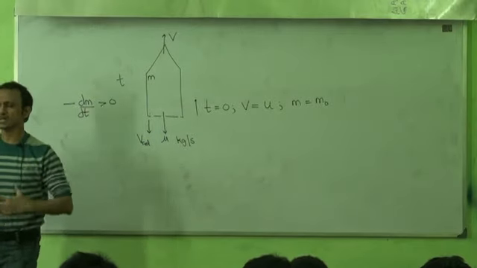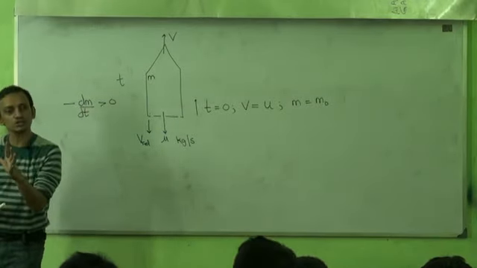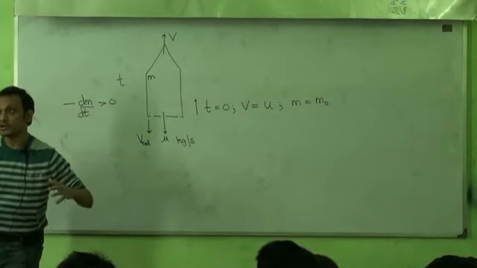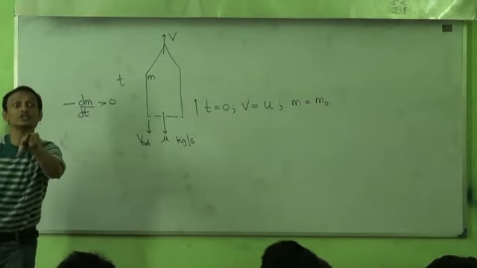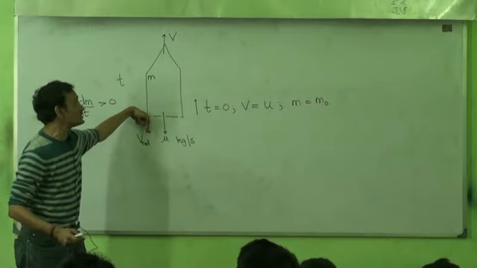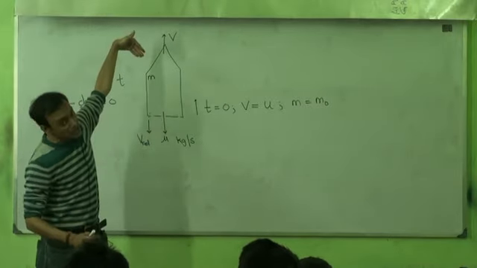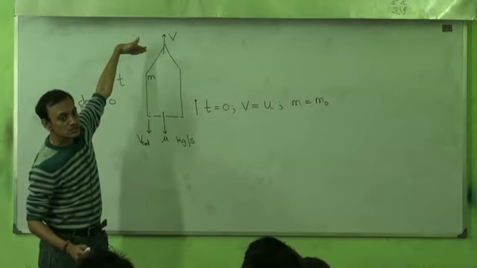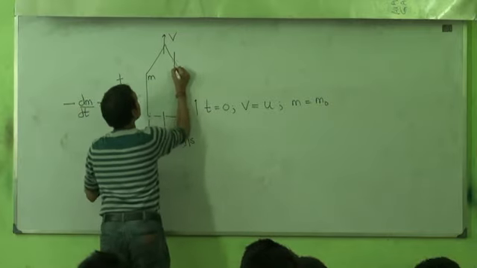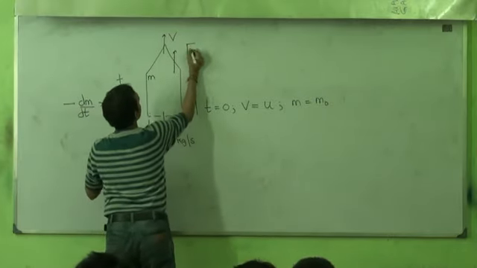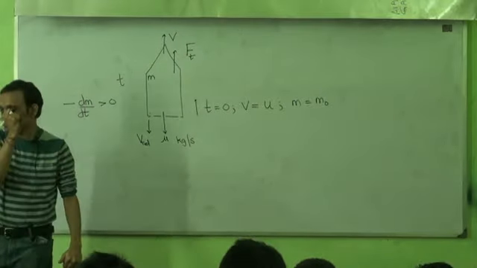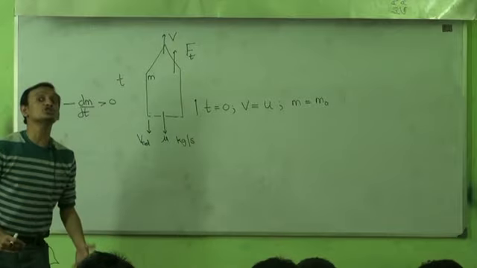Did I tell you that in a decreasing mass system, the thrust acting on the system is going to be opposite to the direction of the relative velocity? So, if the direction of the relative velocity of the expelled gases is vrel downwards, then the rocket will experience a thrust. The magnitude of the thrust experienced by the rocket upwards is going to be minus dm/dt into vrel. Why?